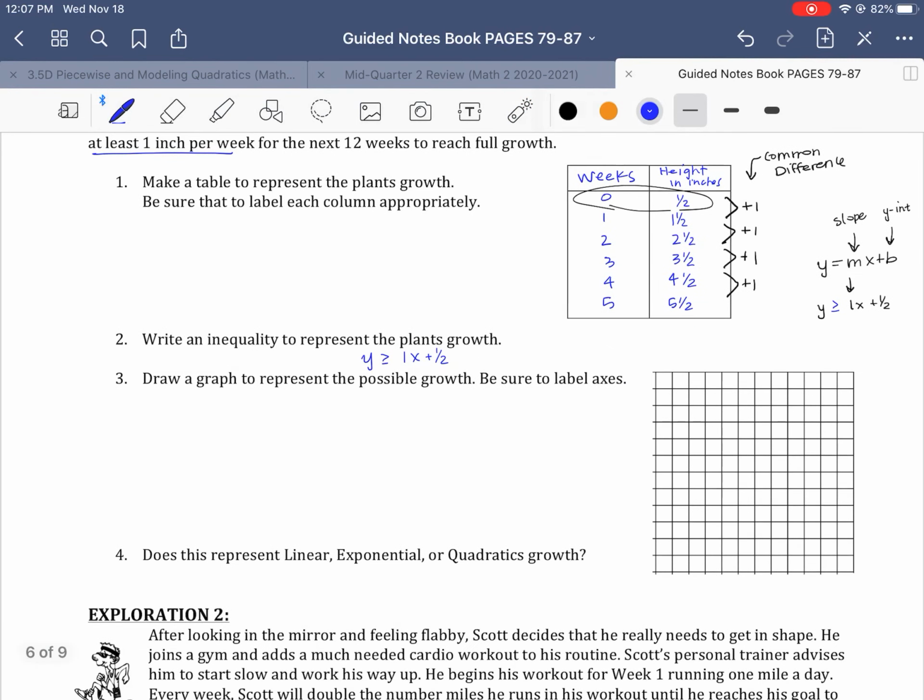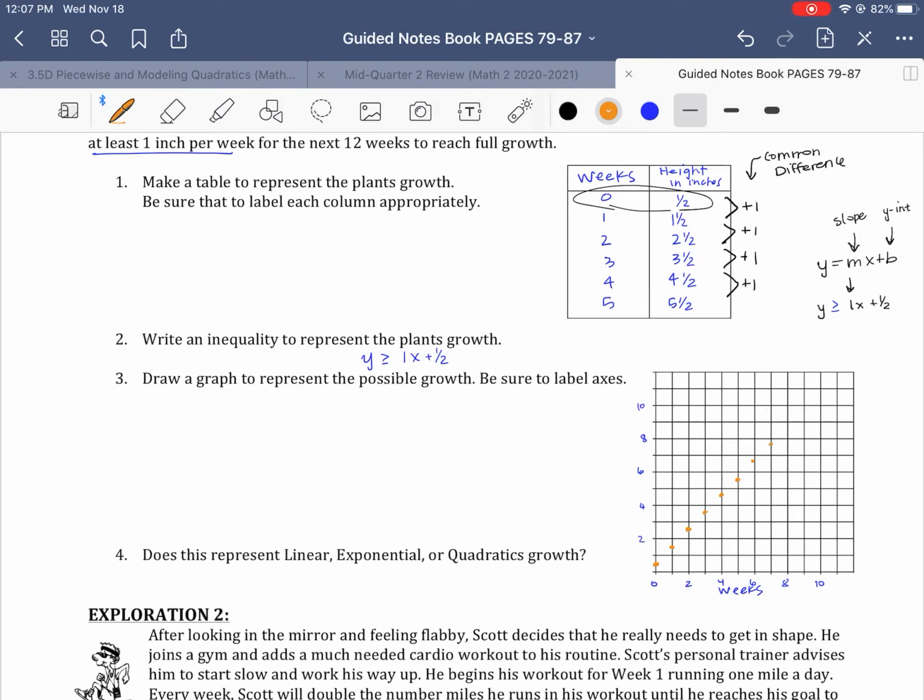On a graph, we would put weeks across the bottom. 0, let's go by 1s, but I'm going to label just every 2. And going up the side, maybe we could do the same thing. When I plot these points on my graph from the table, I would be at 0, 1/2 when it arrives, and then it goes up by 1 inch every week.